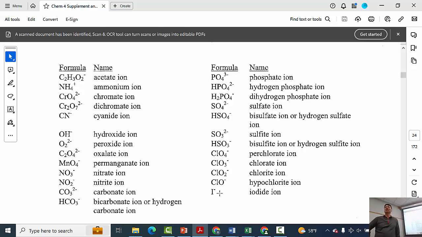But do you see a pattern in the number of oxygens? Well, what's the range of oxygens that we're going to see? Hypochlorite, I had hypochlorite.